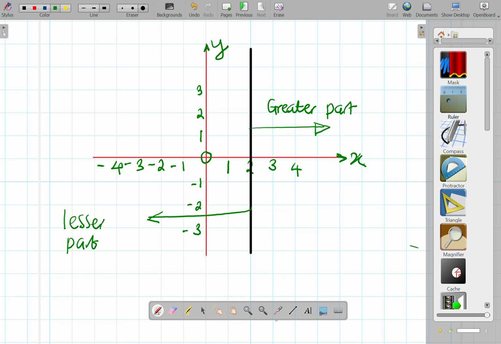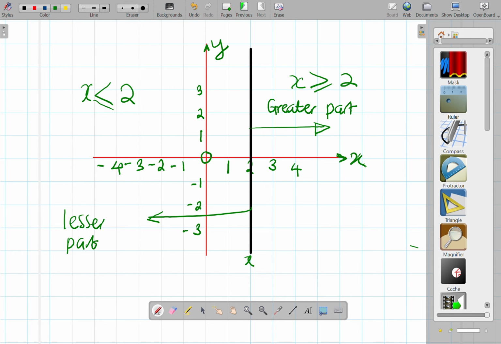If this is my x, when I go to my left side, I'm going to have x is less than or equal to 2. On the greater part, I'm going to have x is greater than or equal to 2, like that.